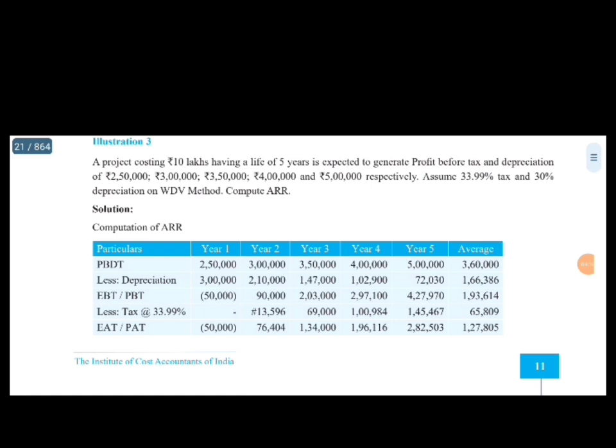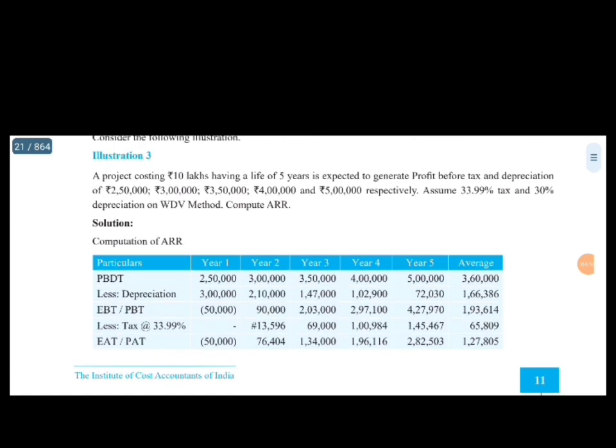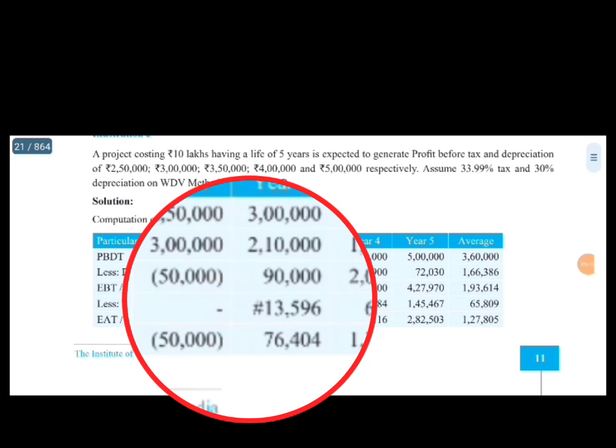Here one thing we have to notice, in the first year the project incurs a loss. So how should we treat this loss for tax purposes? In the first year we need not calculate any tax because it is a loss. But for the second year, 90,000 is a profit.